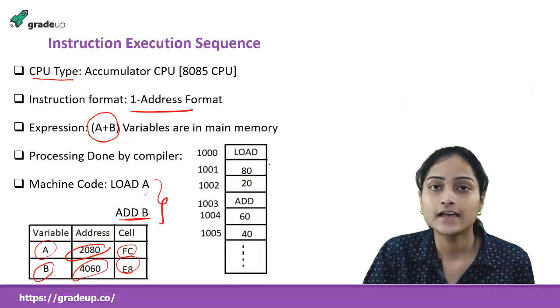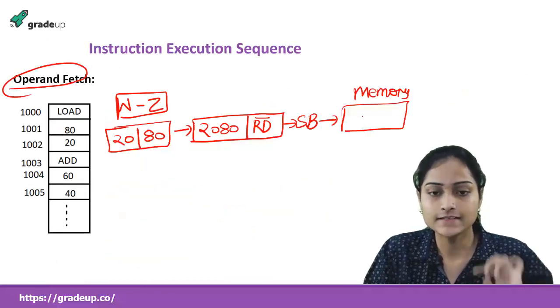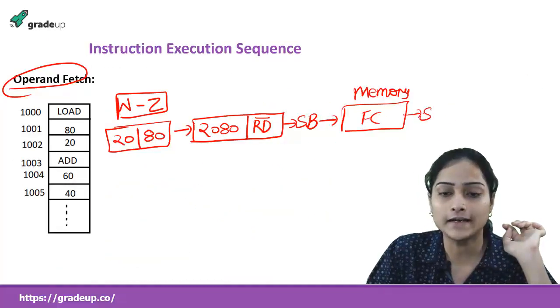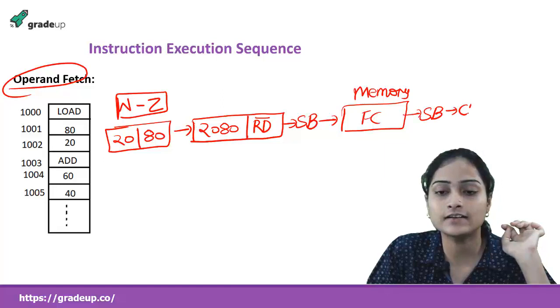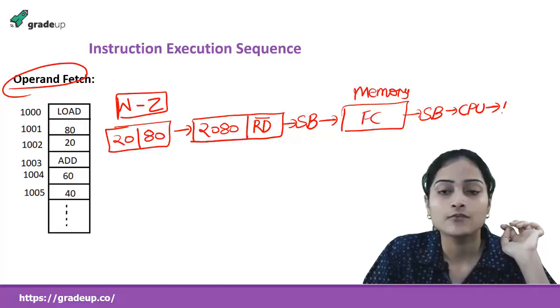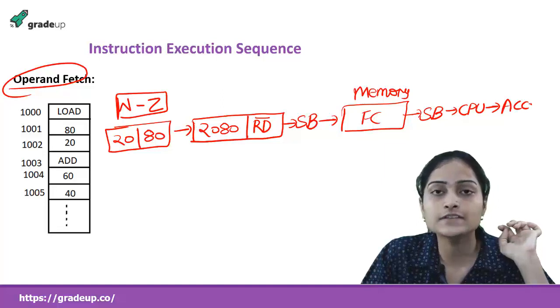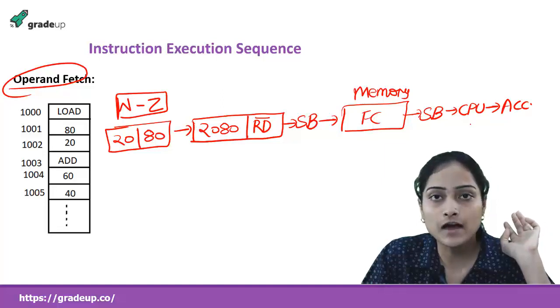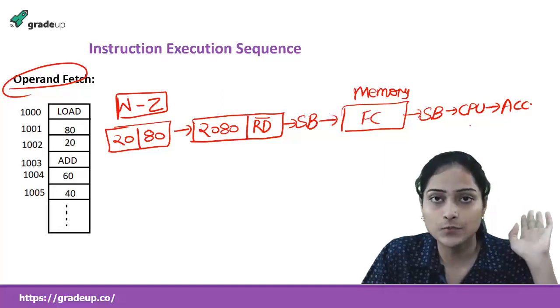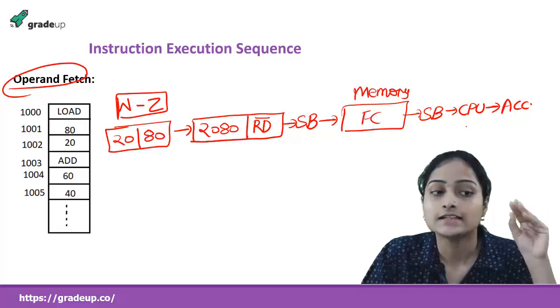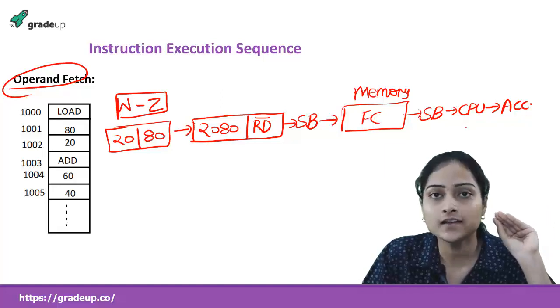See, this is FC. This FC will be brought to my data lines, and these data lines will return this data to CPU, where CPU will load it to accumulator. Because after all, accumulator is part of my CPU. CPU will do this process. This is the process of operand fetching.